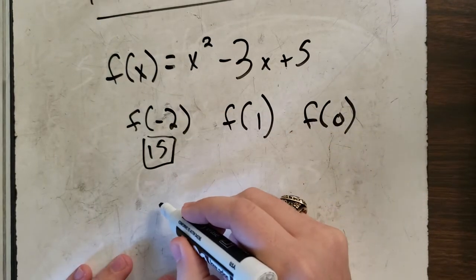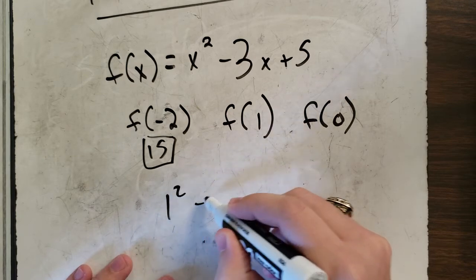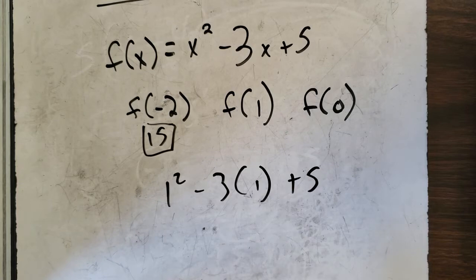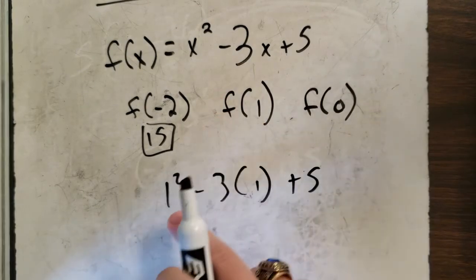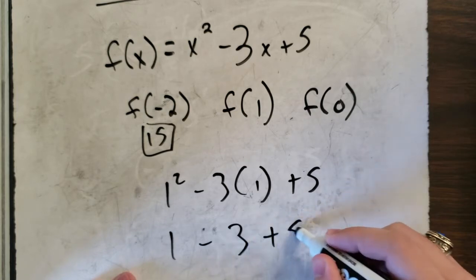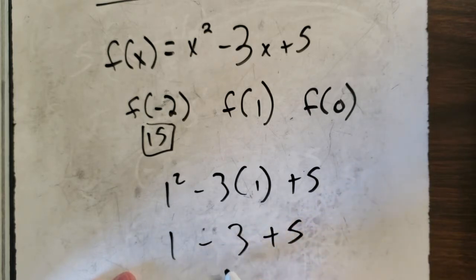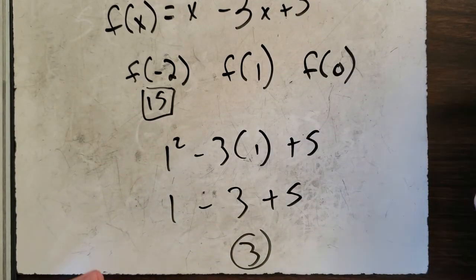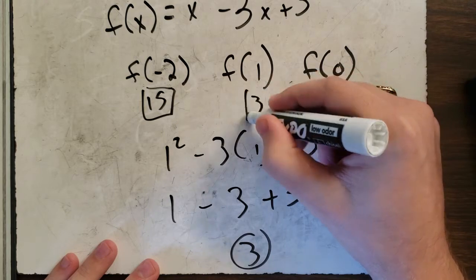Now you're going to put 1. 1 squared minus 3 times 1 plus 5, okay? Now, solve. 1 squared is 1, minus 3 plus 5. 1 minus 3 is -2, plus 5 is 3. So this one is 3.